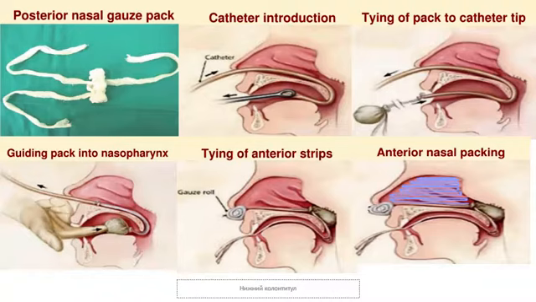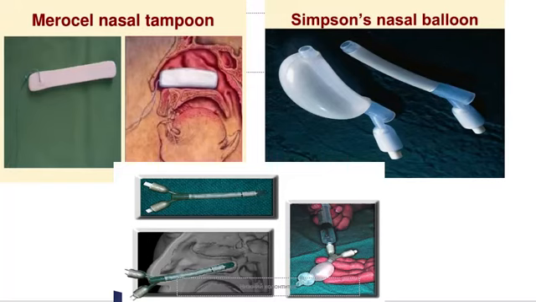First, we insert the catheter, then tie the bag to the catheter. Then we guide the pack into the nasopharynx, tighten the anterior strips, and finish with anterior nasal packing. In that slide you can see the Simpson's nasal balloon, aerosols, tampons, and others.